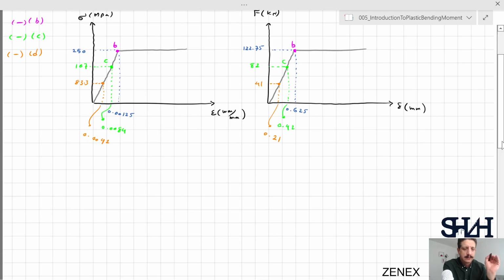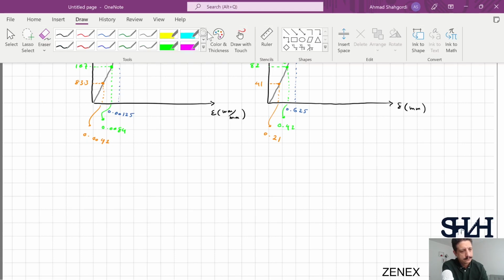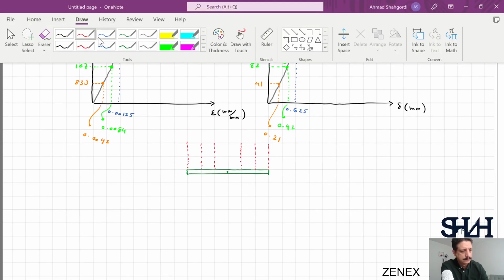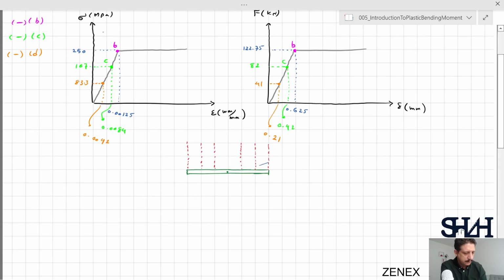When the force is increased to 191 kilonewton, it is deformed, and this deformation is 0.625.